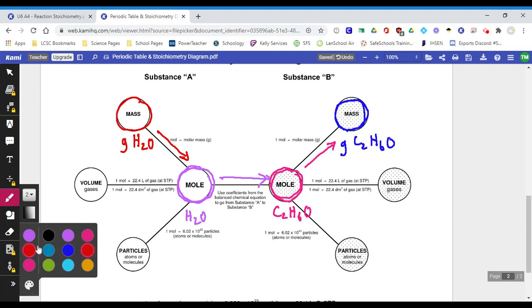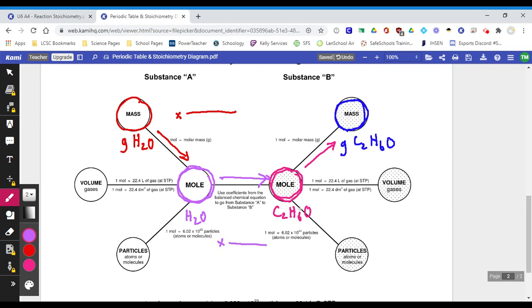One of them is going from grams of H2O to moles of H2O. One of them is going from moles of H2O to moles of C2H6O. And the last one's going from moles of C2H6O to grams of C2H6O. And then I should get my answer.